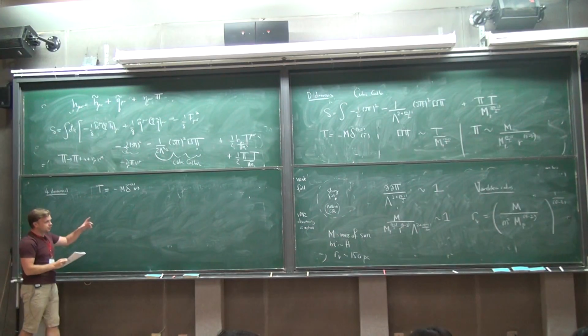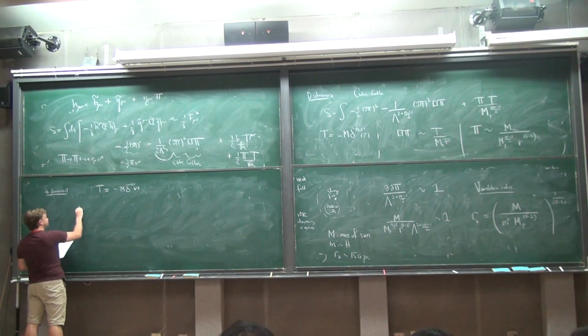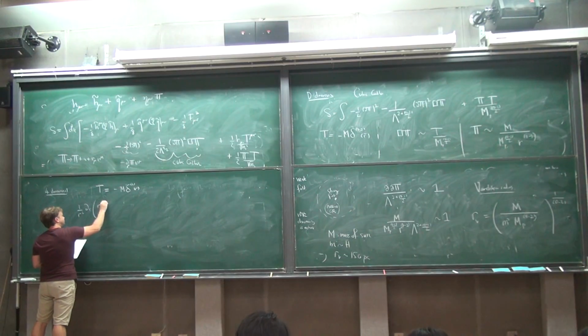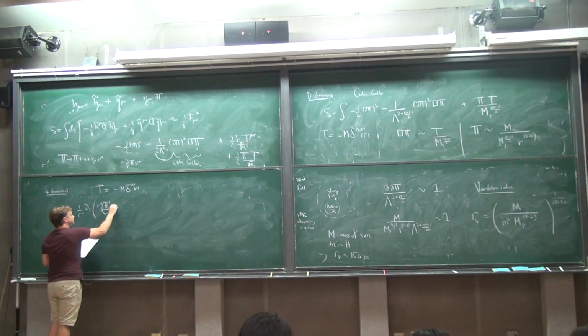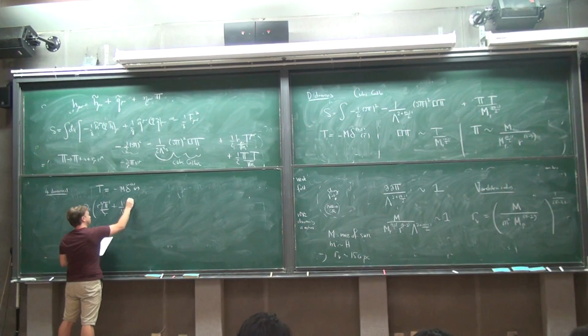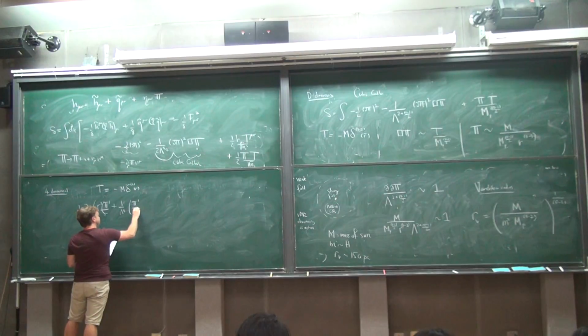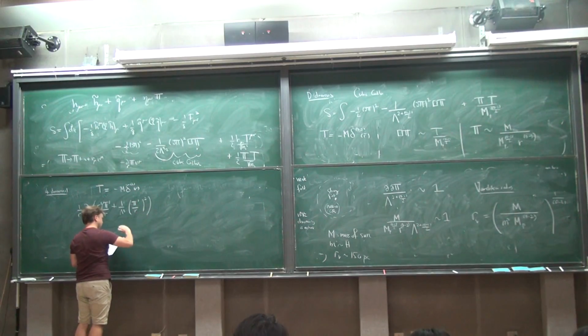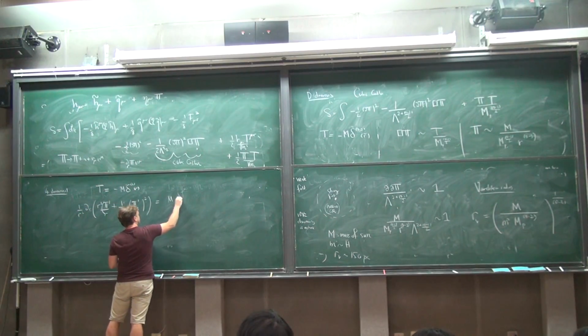Then for the cubic Galileon, the equation of motion for the Galileon looks like this, where prime is an r derivative. I'm just looking at the static source.